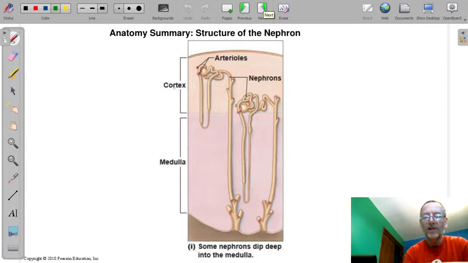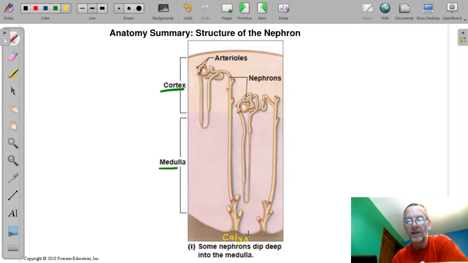So again, there's the cortex, and there's the medulla, and this is draining out into a calyx. Maybe I'll write that in here just for orientation. And that's draining off into the pelvis. So the nephrons that we're going to be looking at have arterioles, because this is where we are filtering the blood.